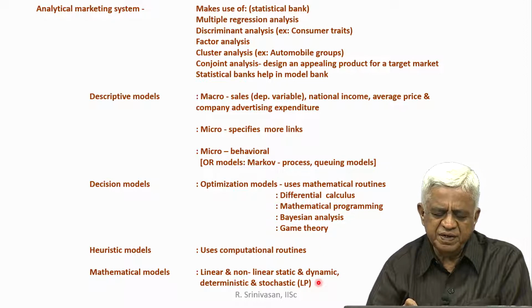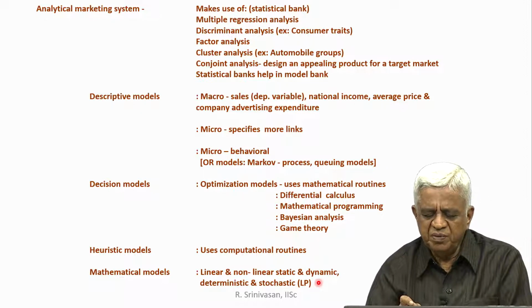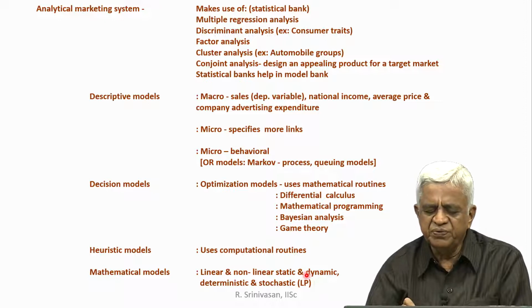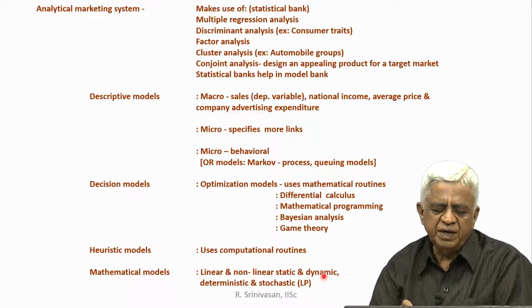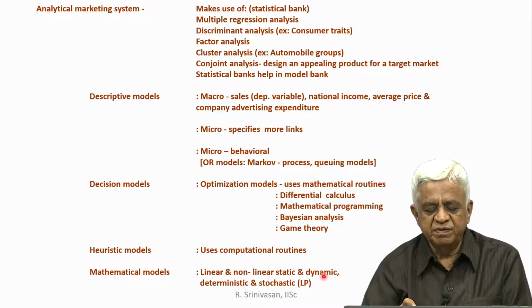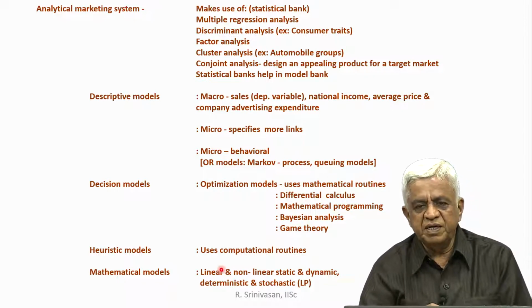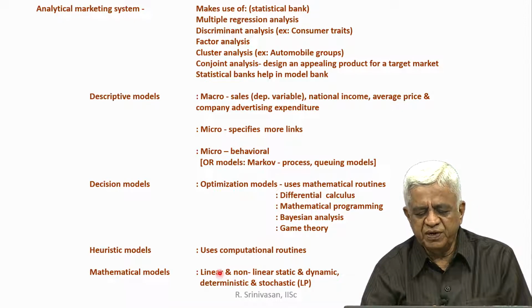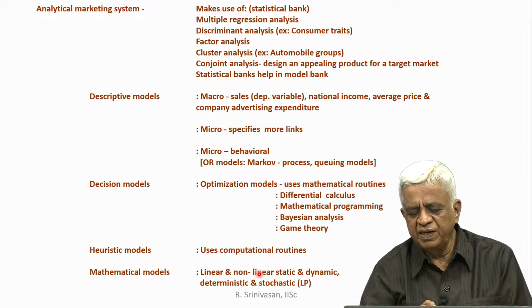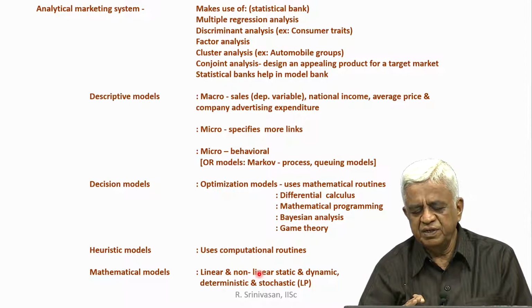The last set of models which we make use of in marketing is the mathematical models. What does this mathematical models give? It looks at linear and non-linear, that is linear regression, non-linear regression.